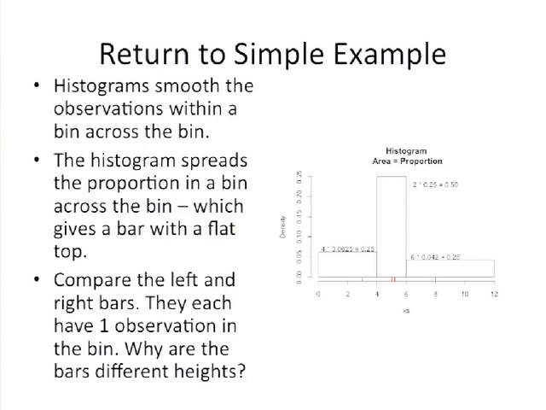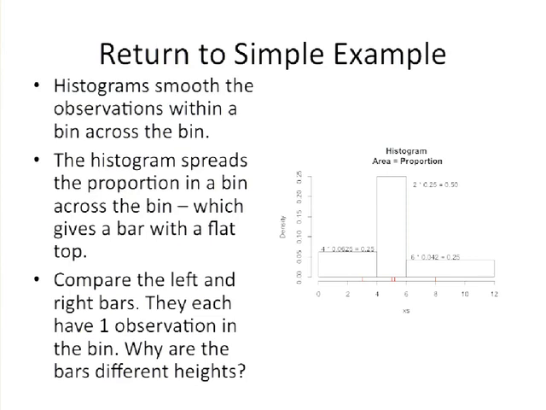So if I want to say, what proportion of my observations are in the bin from 4 to 6, I take its width, which is 2. I look at its height, which is 0.25. I multiply those two together, and I get 0.5. Half of my observations are in the bin from 4 to 6.